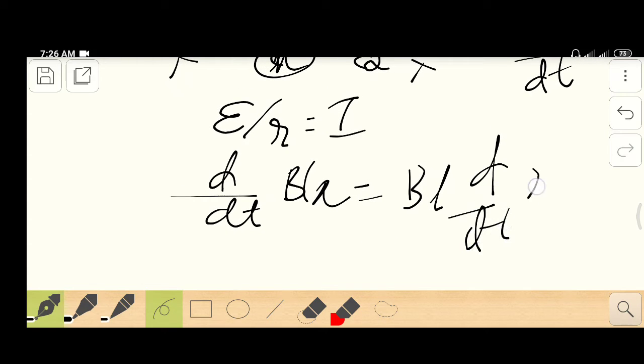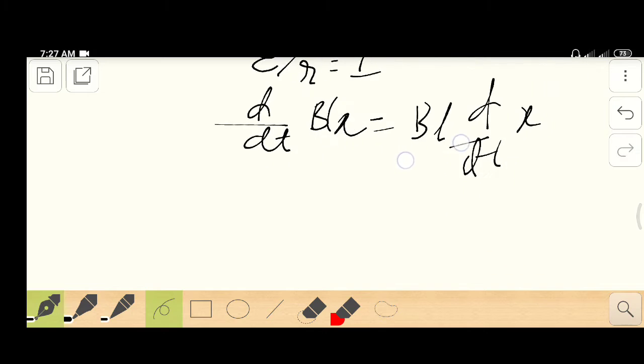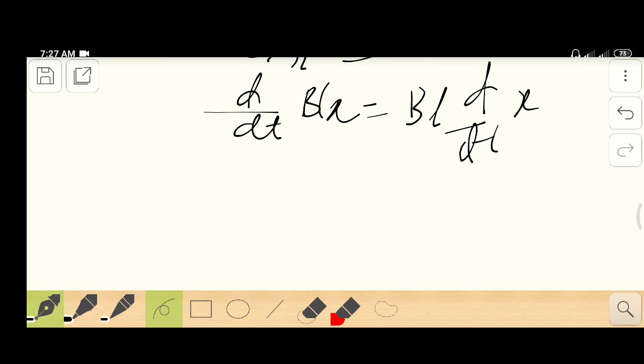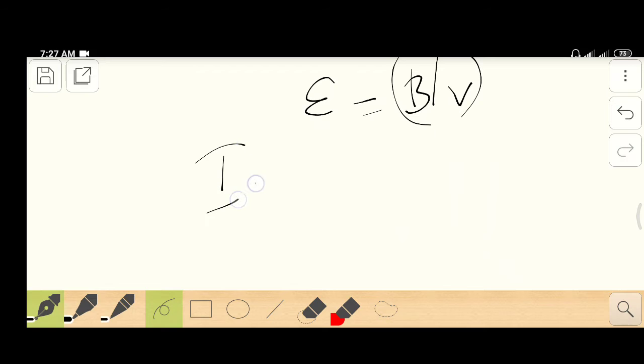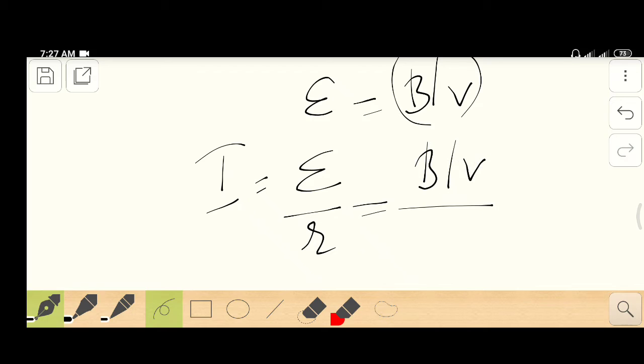The x is changing with the velocity v, that is, the movement of the bar is with velocity v. So epsilon is equal to B L v. Substituting epsilon in I equals epsilon by R, we get I equals B L v divided by R.